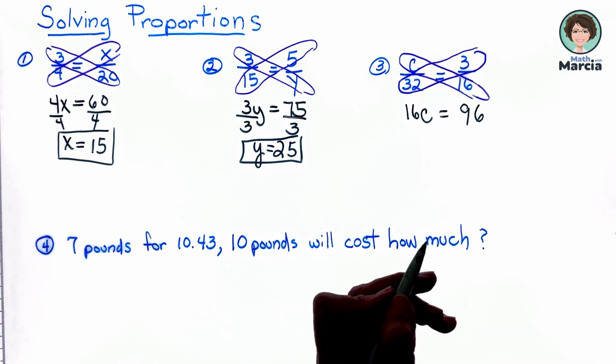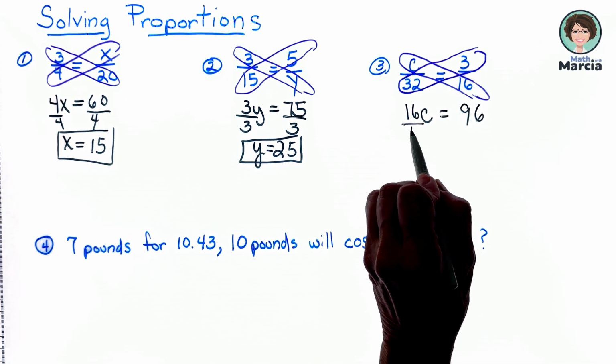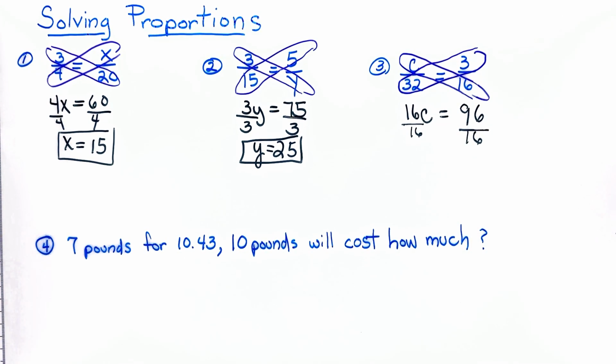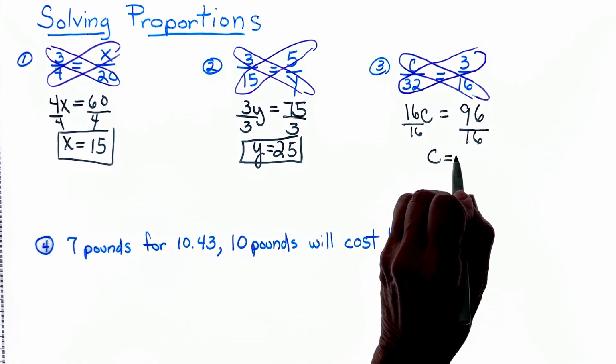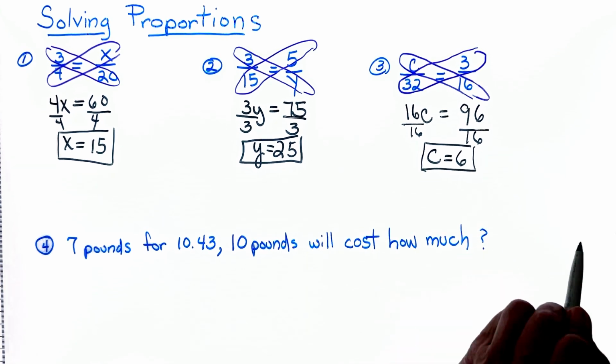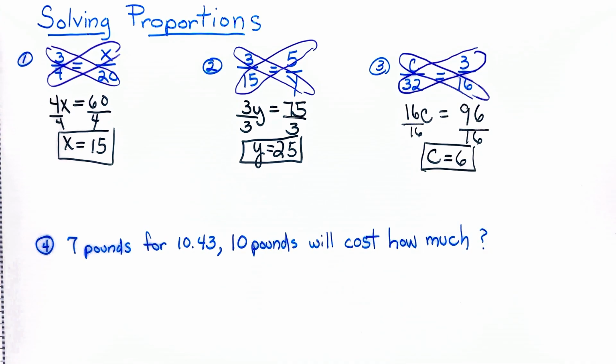So now to get the variable by itself, this is multiplication, so I'm going to divide, and 96 divided by 16 is equal to 6. And there is my solution that will make the proportion true.